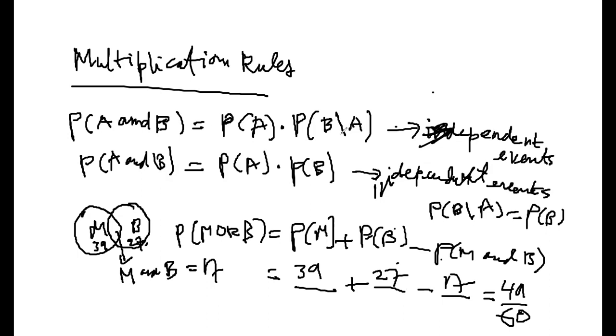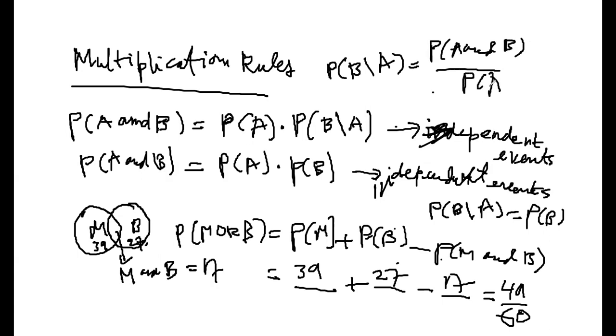So it's the same as you divide the probability of A and B by the probability of A. So the probability of B given A equals the probability of A and B divided by the probability of A. Remember this will be the same.